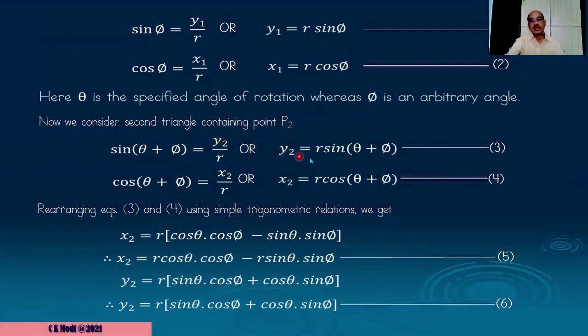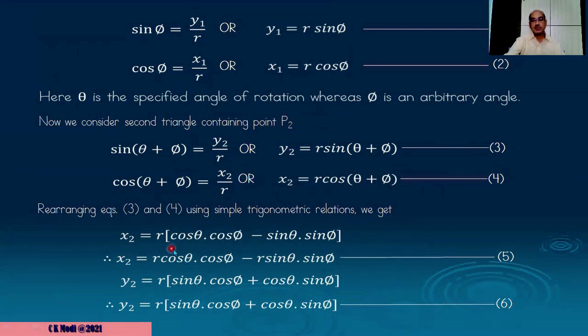Therefore y2 is equal to r sine of theta plus phi and x2 is equal to r cos of theta plus phi. This is equation number 4. Now rearranging equations 3 and 4 using simple trigonometric relations, we get x2.